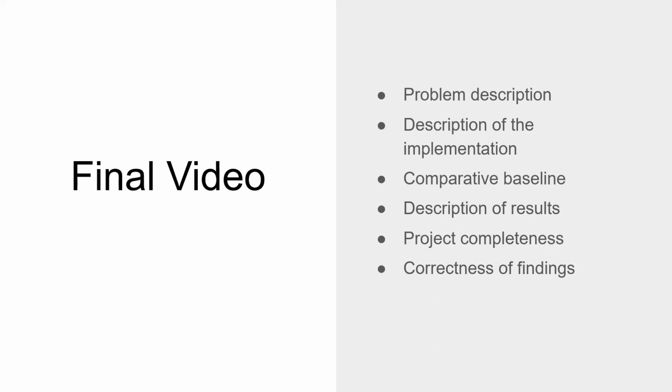Then you must compare it with your baseline. If you're still using the baseline that you had in the midterm report, you can tell us briefly about the baseline and compare the results that you got to those of the baseline. Then we expect you to describe a bit of your results.